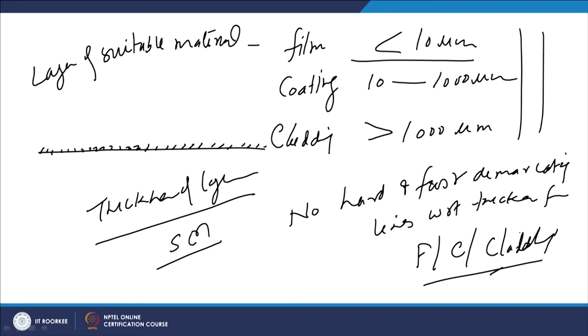But in general, this is the kind of the range which is used in practice for grouping the developed layers for surface modification as a film or coatings or claddings.